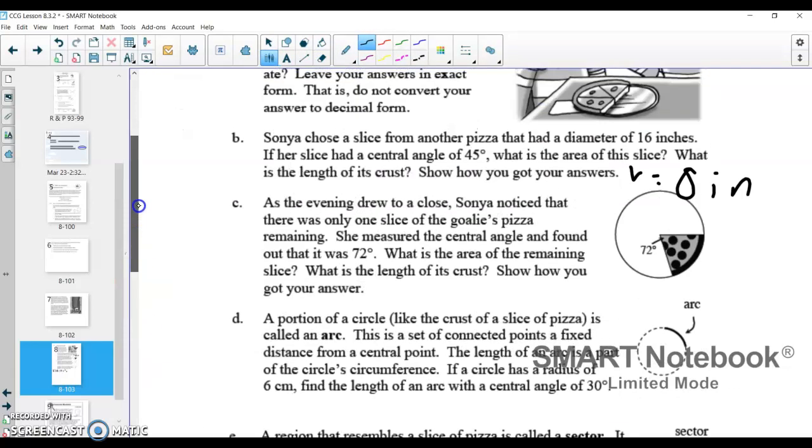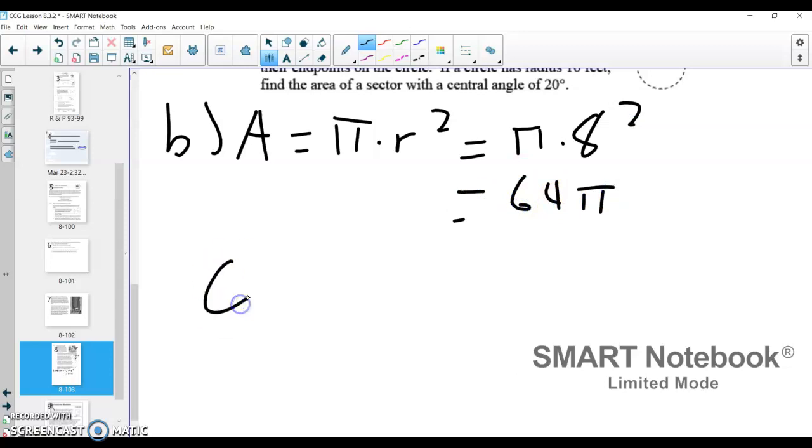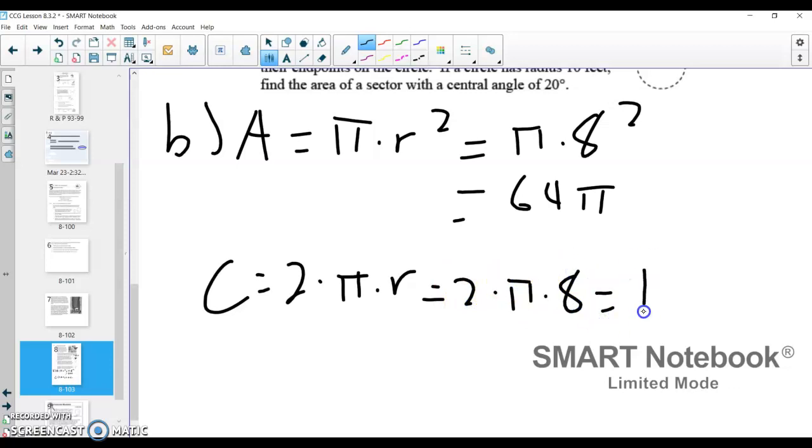Well, we just said that the radius is 8 because it's half the diameter. And so you have pi times 8 squared, which gives you 64 pi for the area. All right. Circumference is 2 times pi times the radius, which is 2 times pi times 8, which gives you 16 pi. So I have total area and total circumference.